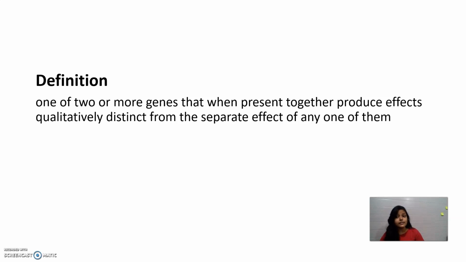So our definition of gene interaction is that two or more genes, when present together, produce an effect qualitatively different. Suppose they enhance the effect of one gene or they can decrease the effect of another gene. It means quality is affected, distinct from the separate effect, meaning they will have their own separate effect too and they will be adding to or decreasing the effect of the other gene.